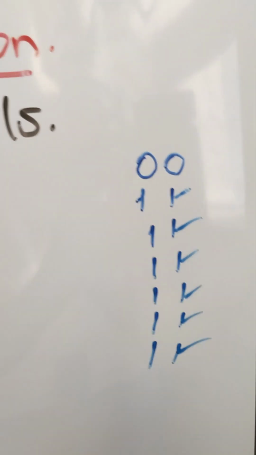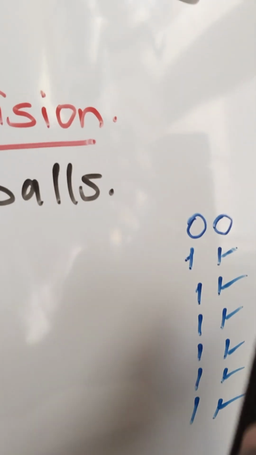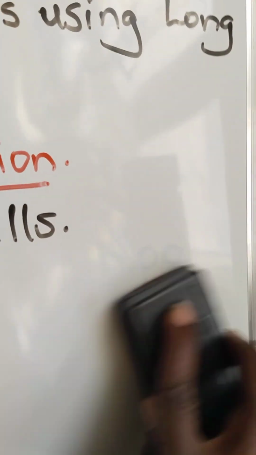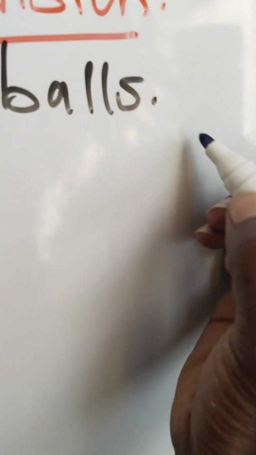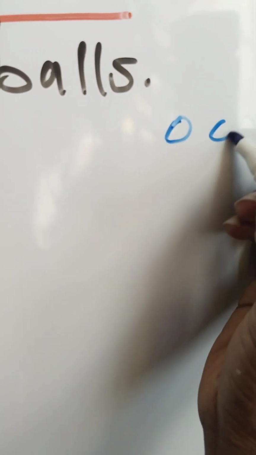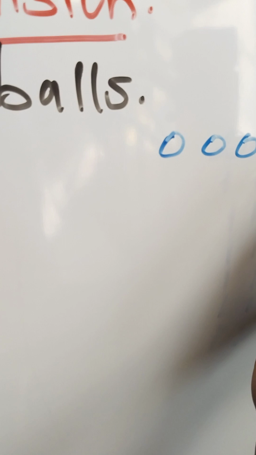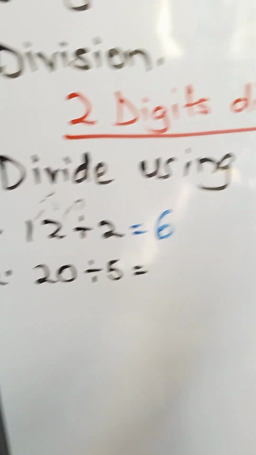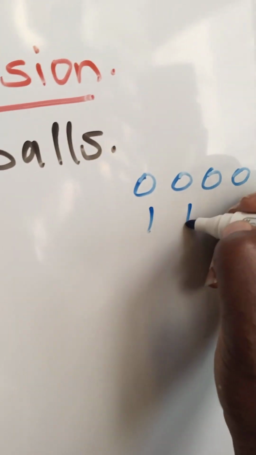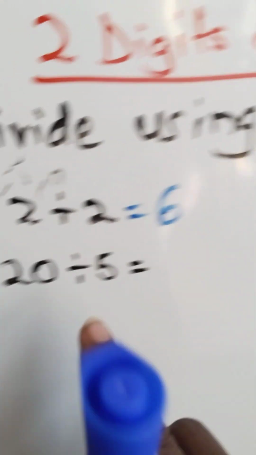We can erase this, because usually we have our pencil and eraser with us. So we will draw 5 balls. 1, 2, 3, 4, 5, because they have told us there are 5.